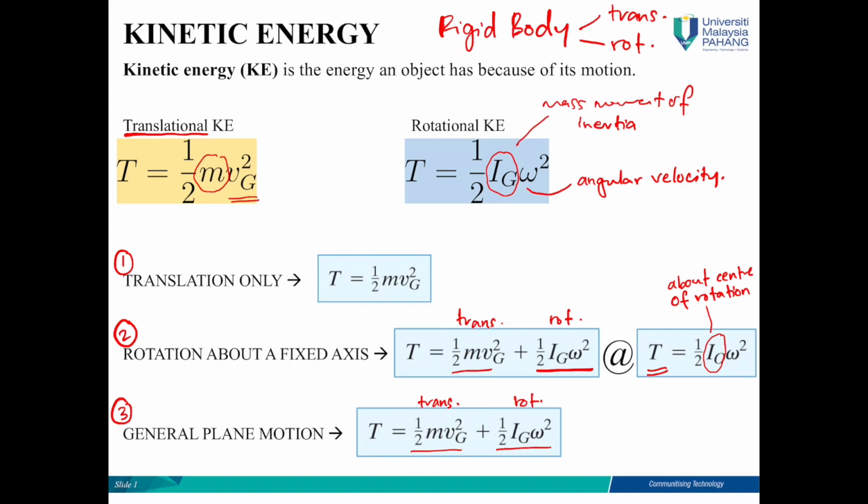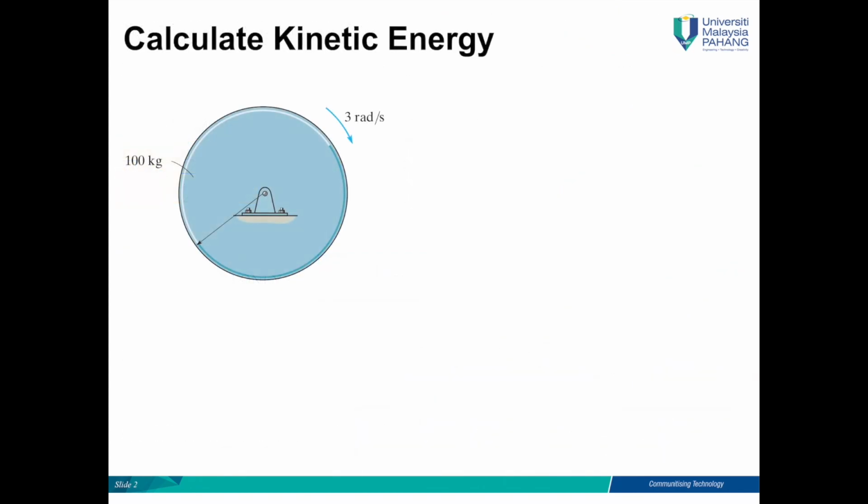And if you recall, for general plane motion, if we are able to find the location of the instantaneous center of zero velocity, IC, then you should be able to find the mass moment of inertia about IC. Then you can calculate the kinetic energy for the general plane motion rigid body by using this formula, 1 over 2 I_IC omega square.